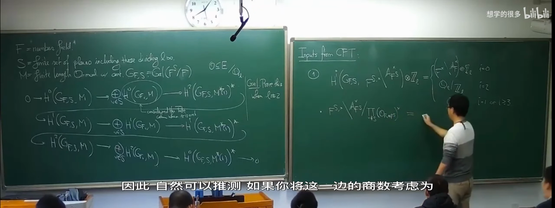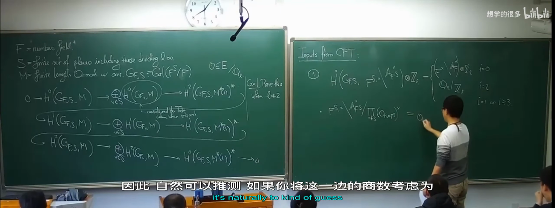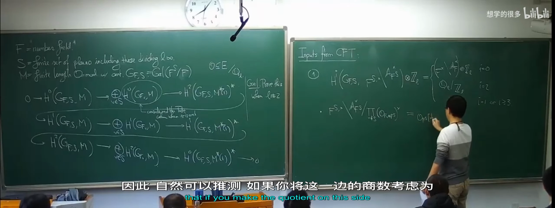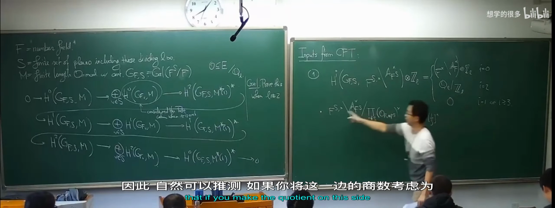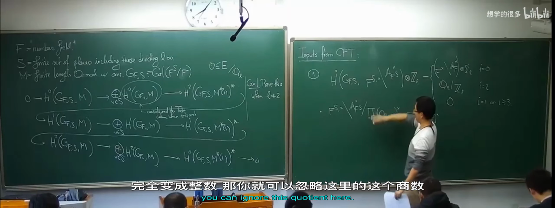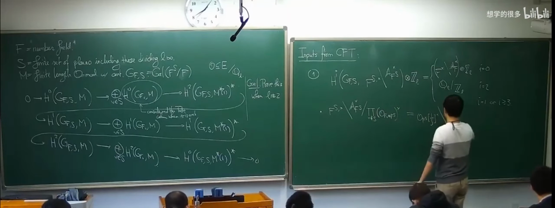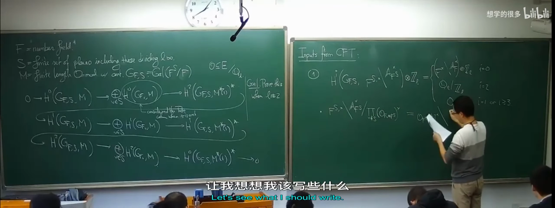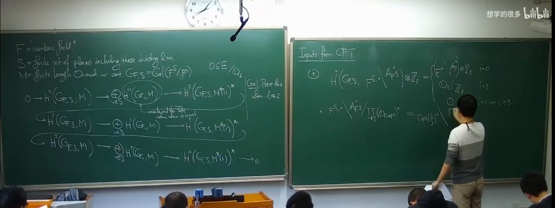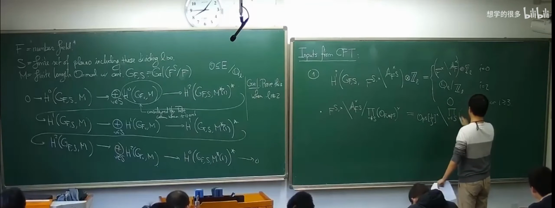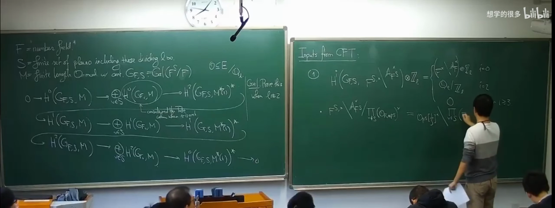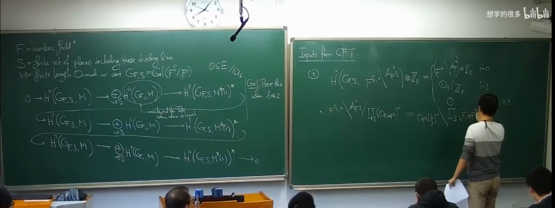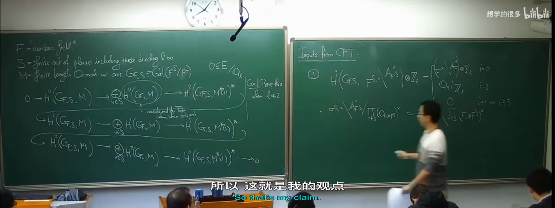And so it's natural to guess that if you make the quotient on this side completely integral, you can ignore this quotient here. Let's see what I should write. Okay. So that's my claim.